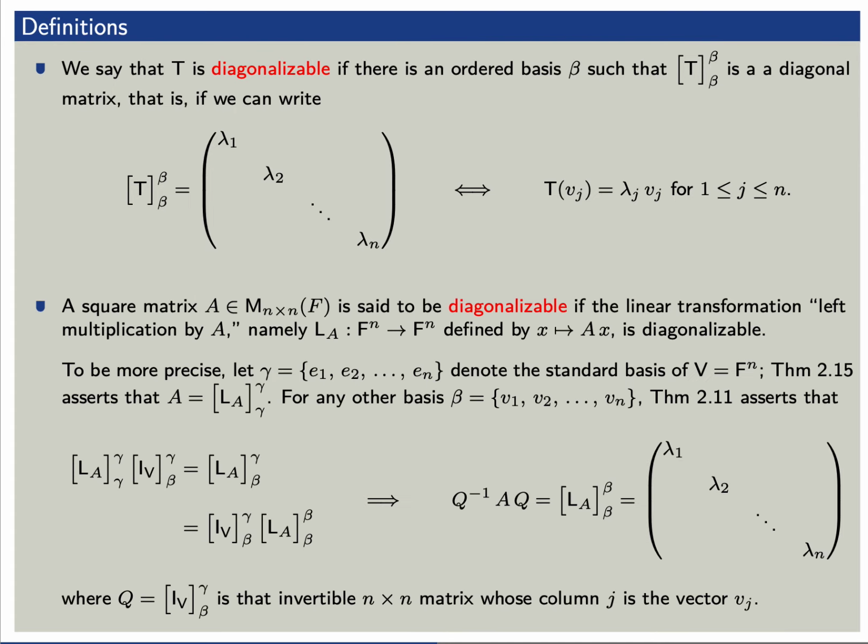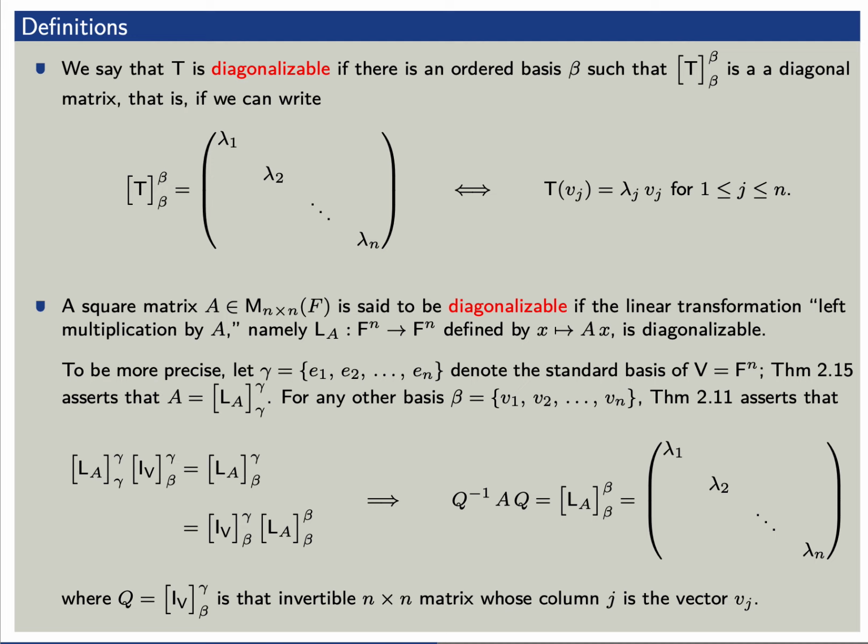A square matrix A is said to be diagonalizable if the linear transformation left multiplication by A is also diagonalizable. To be more precise, let's say that gamma is the standard basis for F to the n. Then we know that our matrix A is just a matrix representation of left multiplication by A with respect to the standard basis.